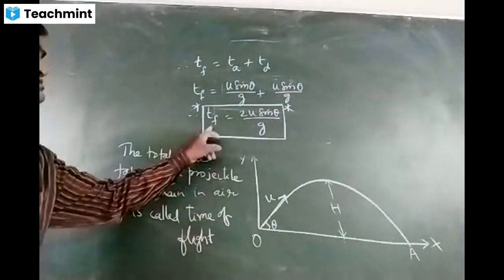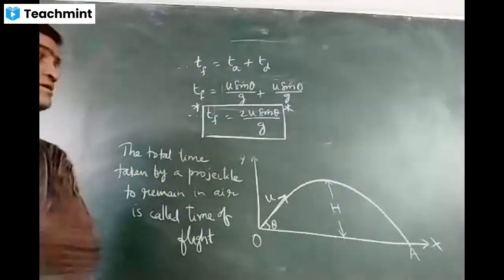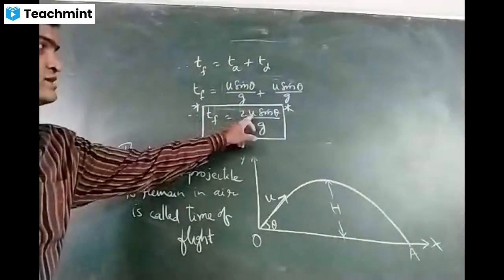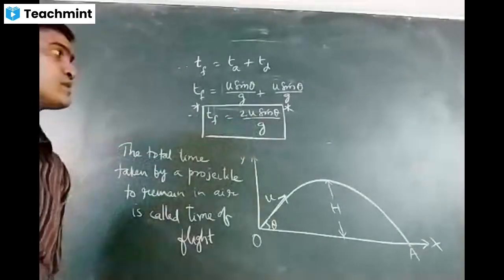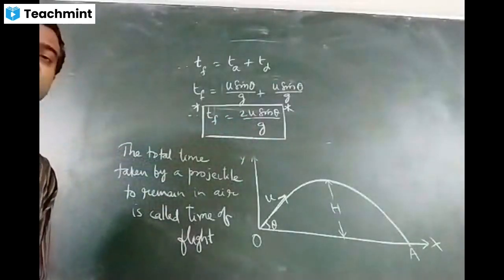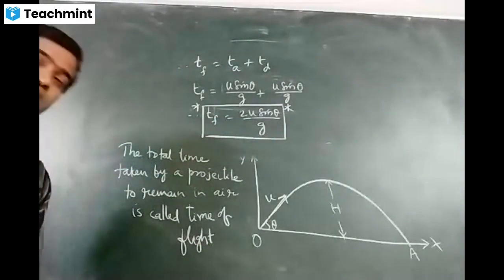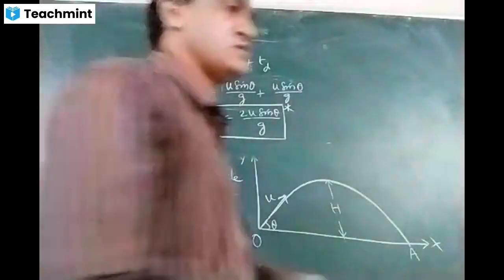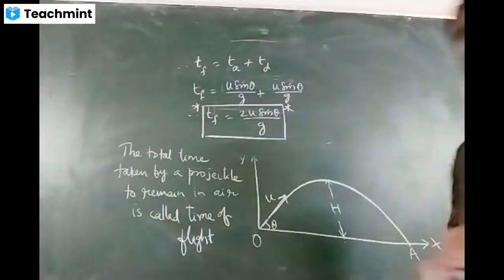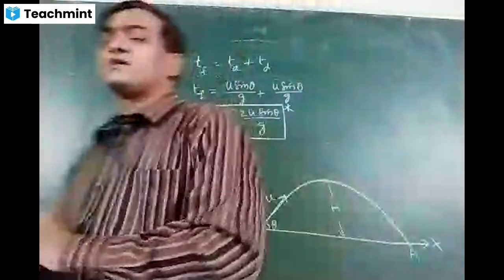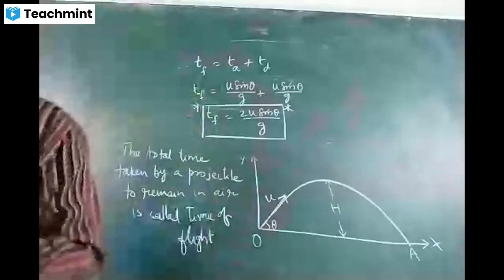So from this, I can say that time of flight is directly proportional to initial velocity u. Even time of ascent is also directly proportional to initial velocity.